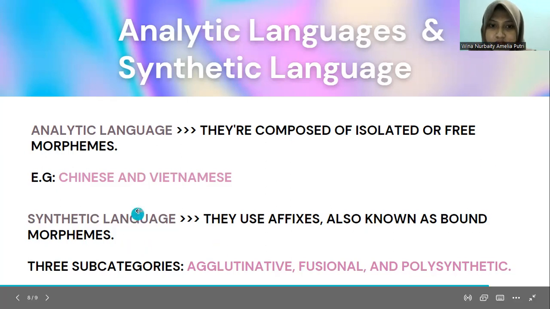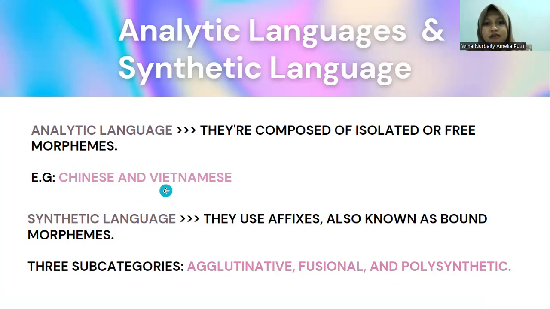Mandarin Chinese and Vietnamese are good examples of analytic languages. Note that properties such as plural and past comprise their own morphemes and their own words.